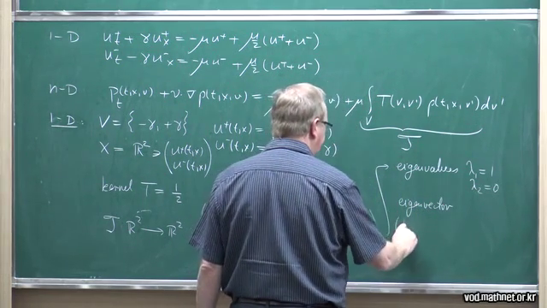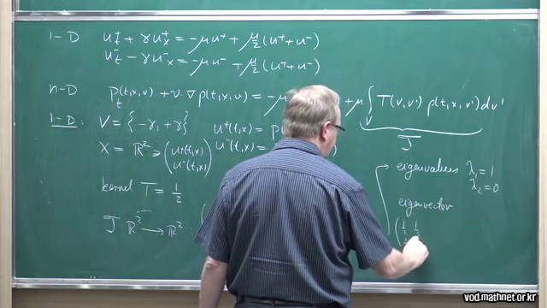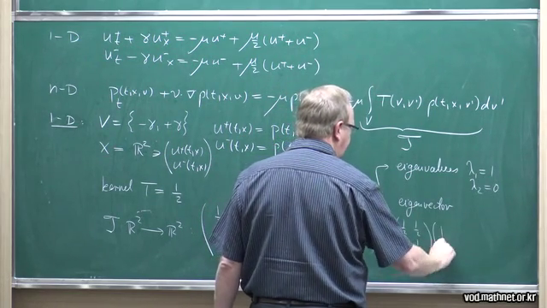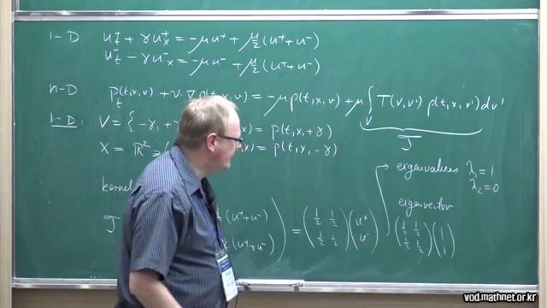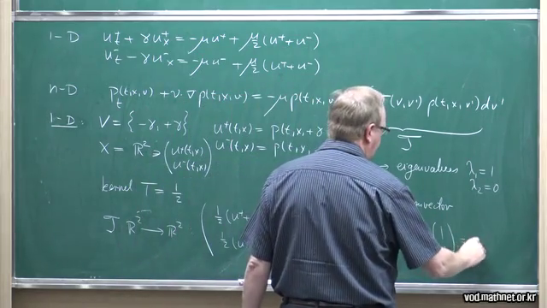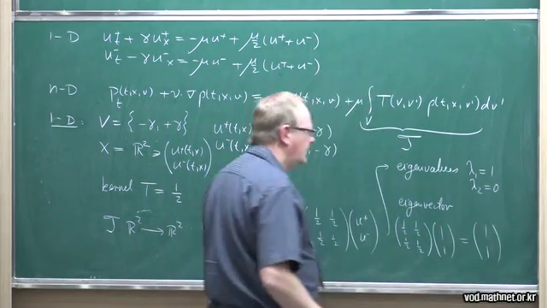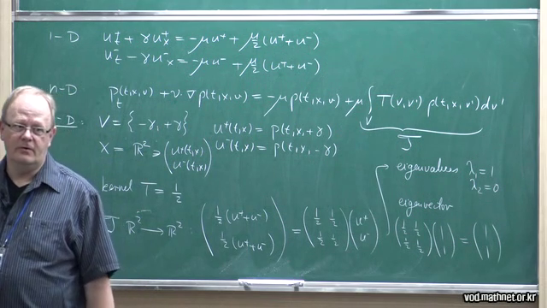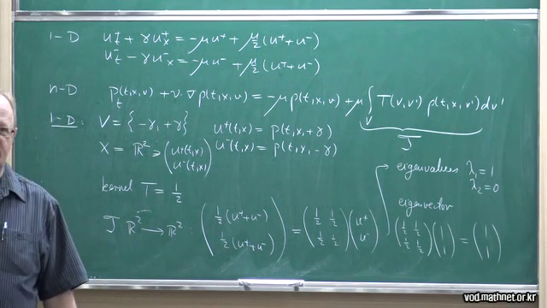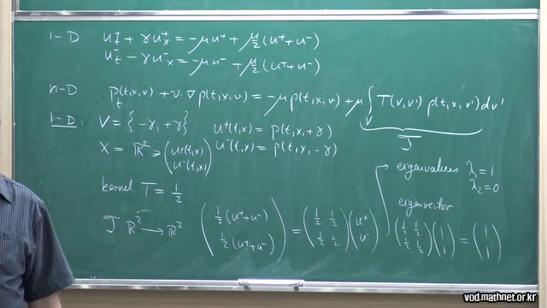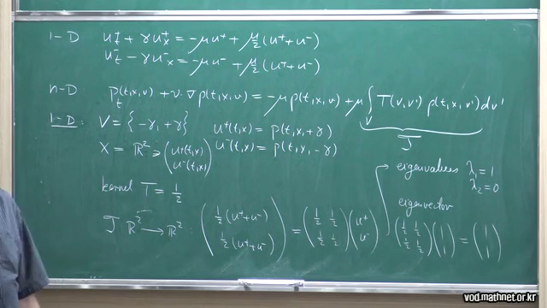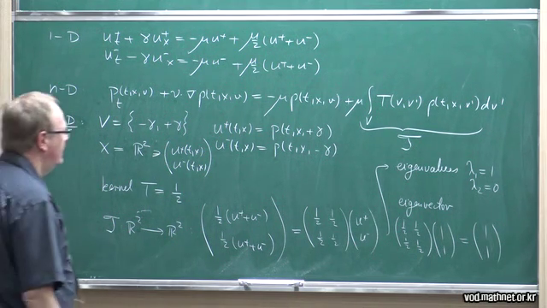So if I have this matrix 1/2, 1/2, 1/2, 1/2, and I multiply with (1, 1), then I get (1, 1). So (1, 1) is now what earlier was the function constant 1. Now it's a vector which has 1 as entries.